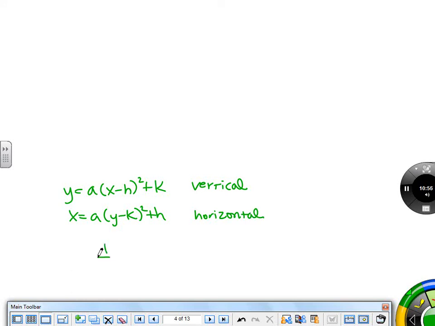I know 1 over 4a, and I kind of ignore the positive or negative value of a, because I'm going to move it the direction I need to move it, depending on focus or directrix, and I just look at the picture to help. This is the distance from vertex to focus or vertex to directrix. That's what I know. And I do have to know the latus rectum thing.